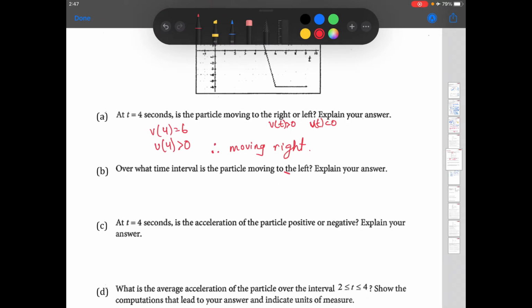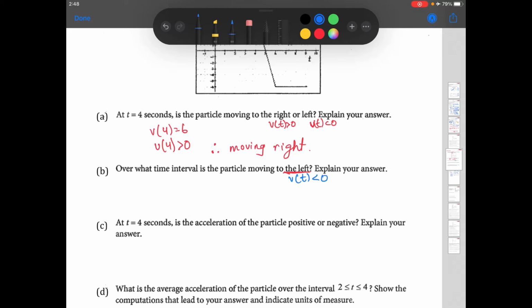Over what time interval is the particle moving to the left? Explain your answer. So by definition, what does moving to the left mean? Moving to the left means that my velocity is what? Less than 0? Or can I say the negative, or where do we have negative values for velocity, or where is it below the x-axis?